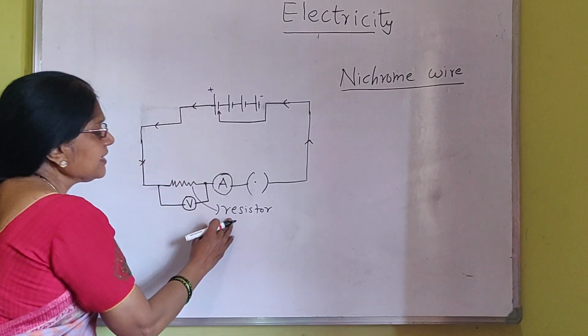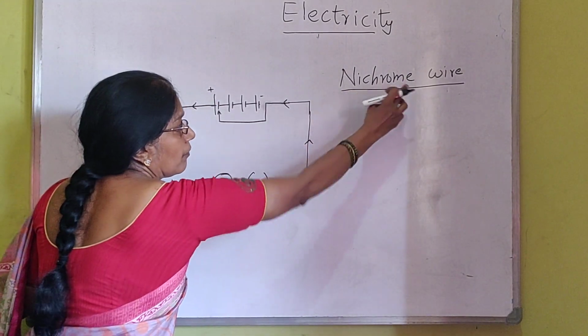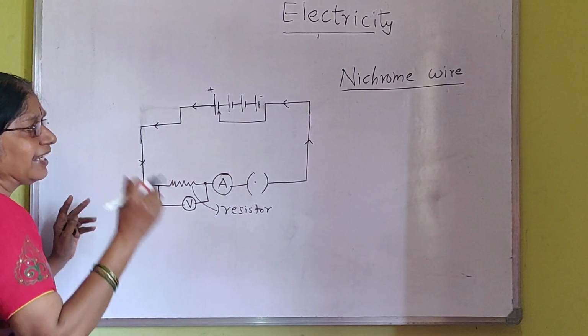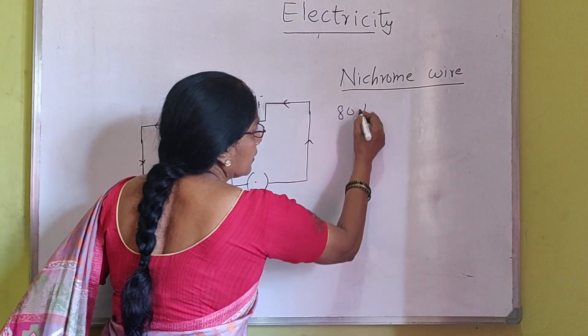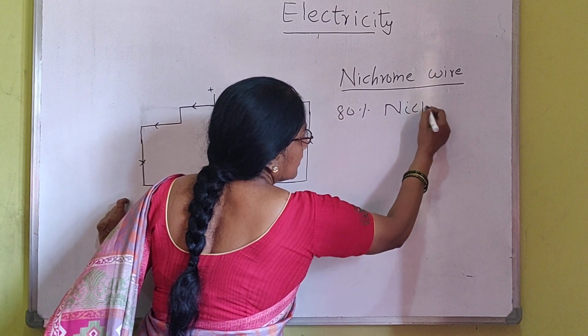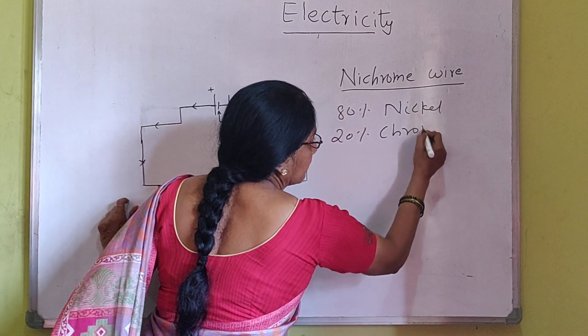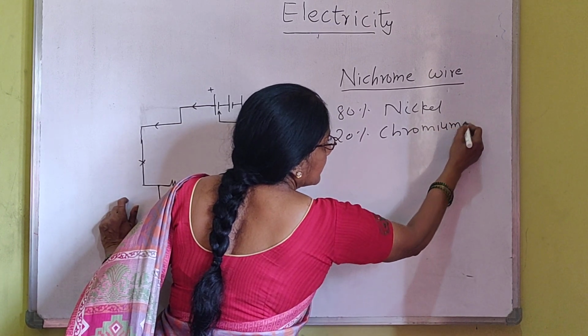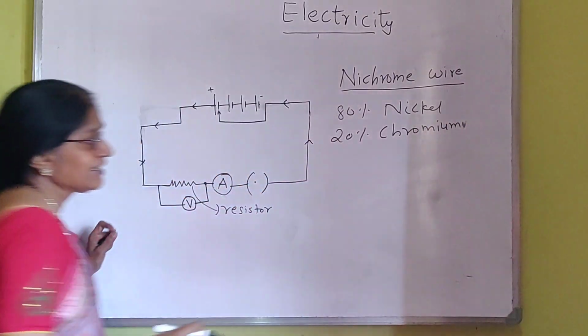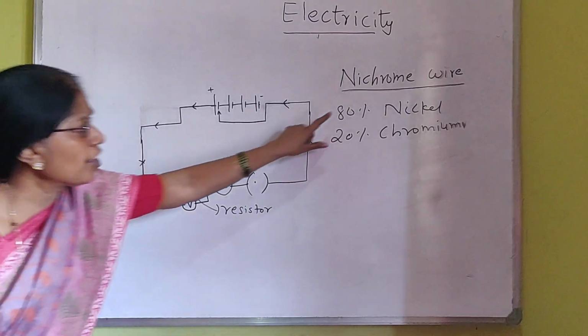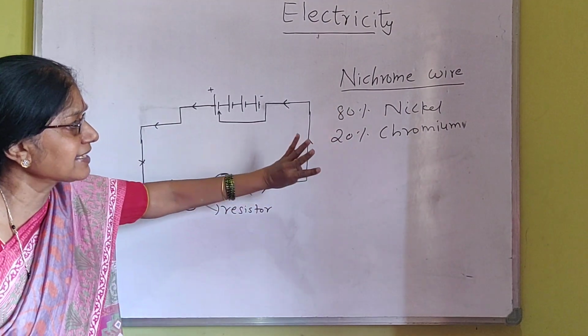The resistor is made up of nichrome wire. Nichrome means 80% of nickel is mixed with 20% of chromium. Nichrome wire is an alloy, a mixture of 80 and 20% is taken.